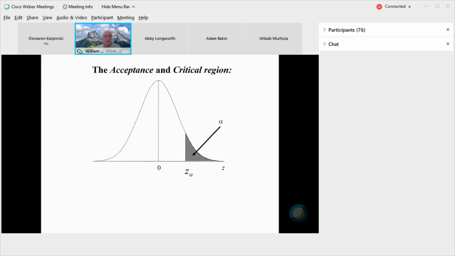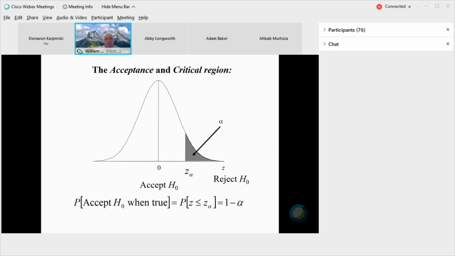So there's the critical region. It's located entirely in the upper tail. All of the value of alpha is in the upper tail. The point here is Z sub alpha. For different values of alpha, you can find that value in the table. Out here, you reject H naught. At 0 or less, you accept H naught.